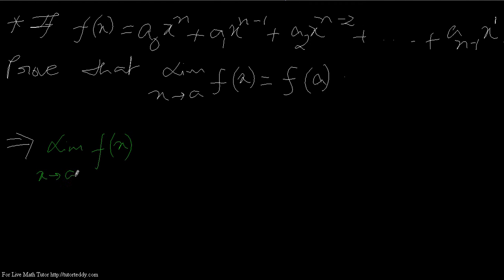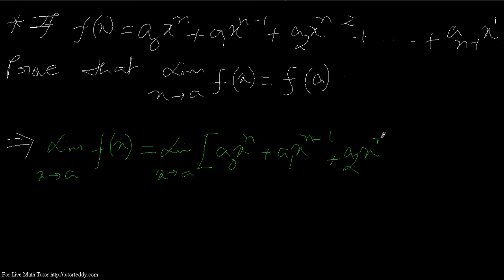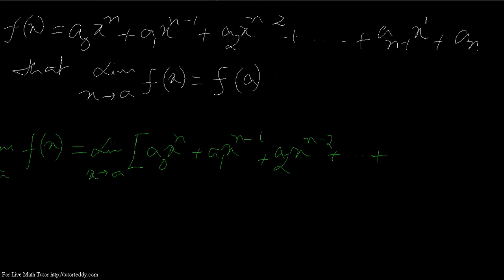Limit x tends to a, and f(x) is the whole this portion, that means a0 x to the power n plus a1 x to the power n minus 1 plus a2 x to the power n minus 2, plus it goes on, plus you have a(n minus 1) into x plus an, and bracket close.